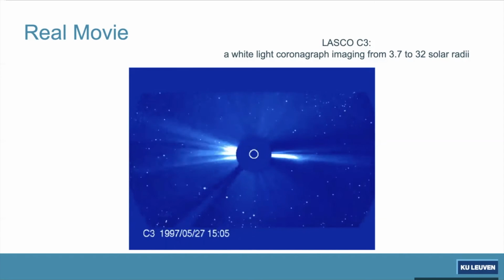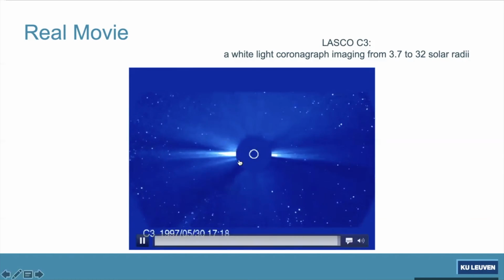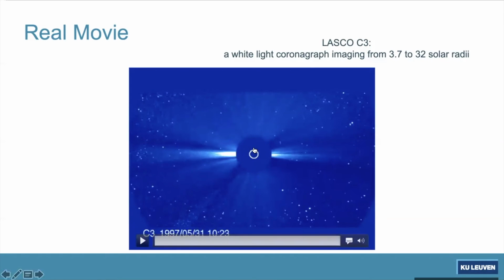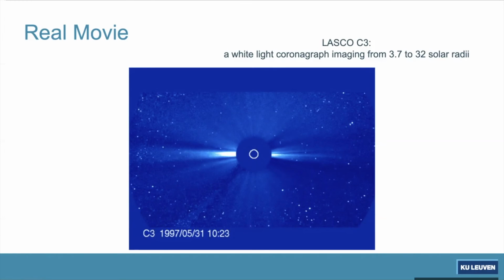A coronagraph is a camera that has a circle in the middle, like a disc that you put in front of the camera to block the view of the sun. So the light of the sun doesn't blind the camera, and you can see everything around it. So that's called a coronagraph. It's really just a camera with a disc in the middle that blocks the sun. And then you see the rest.